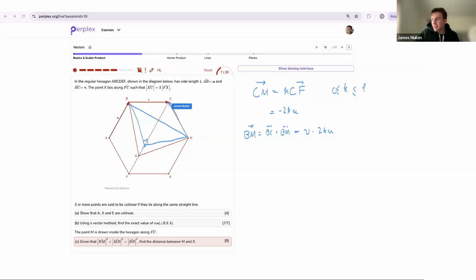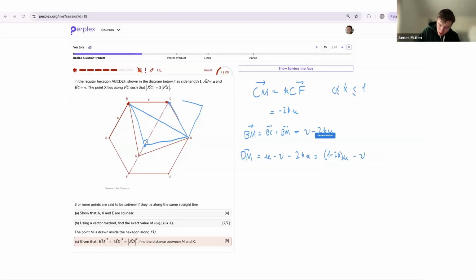So DC is just going to be, well, I can do U minus V. So it's going to be, now I'm talking about DM is equal to U minus V minus 2ku. So that simplifies to 1 minus 2k u minus V.